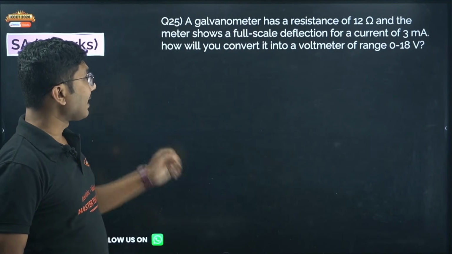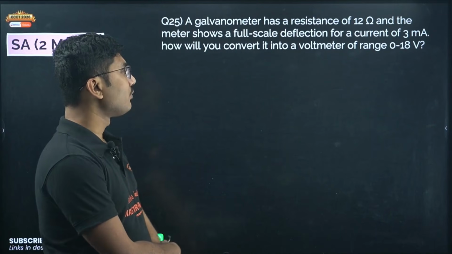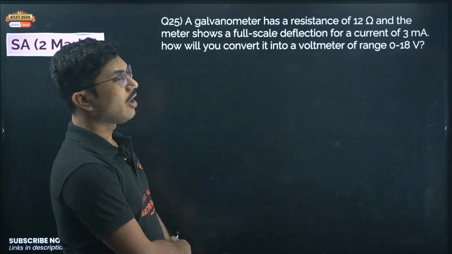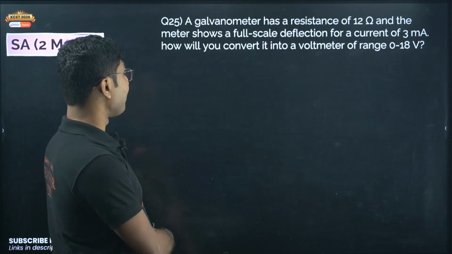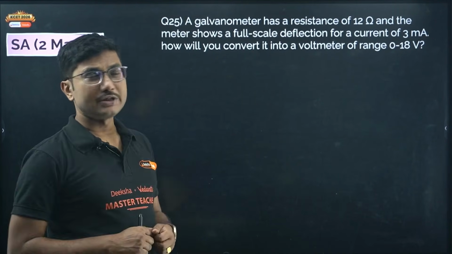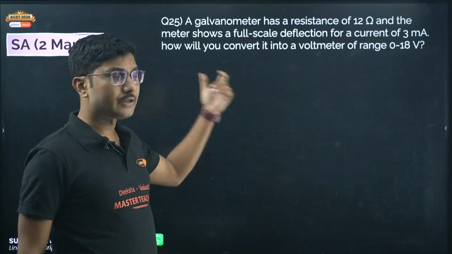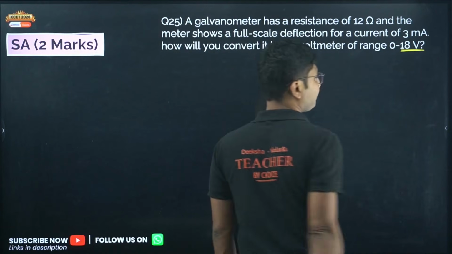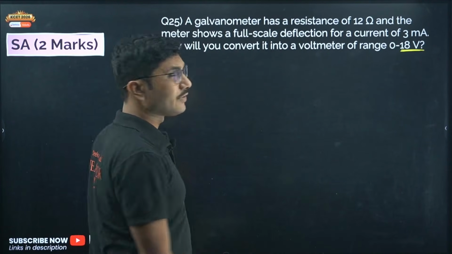Next, a galvanometer has a resistance of 12 ohm and the meter shows a full scale deflection for a current of 3 milliampere. How will you convert this into a voltmeter of range 0 to 18 volt? So whenever you see such kind of questions, you have to take the maximum value of the voltage. Maximum value of the voltage is very, very important.